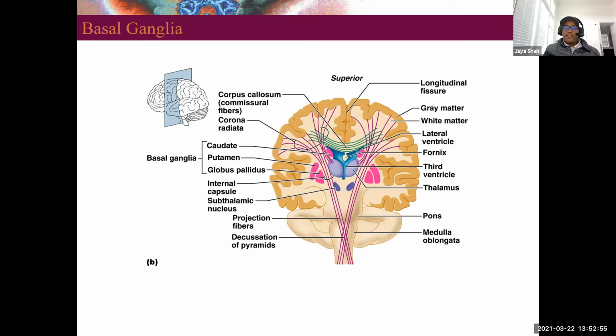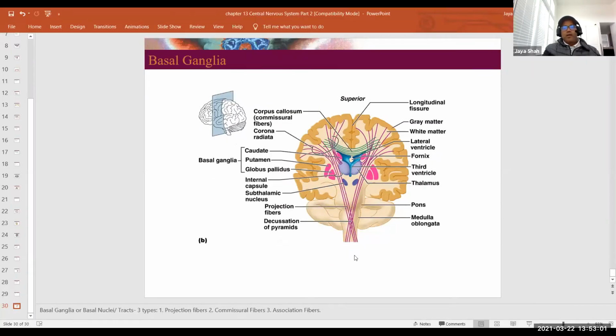They are called tracts. And in the brain there are several kinds of tracts, three types. Projection fibers are those which project from one region of the brain and spinal cord to another.